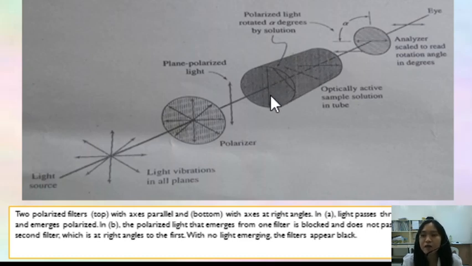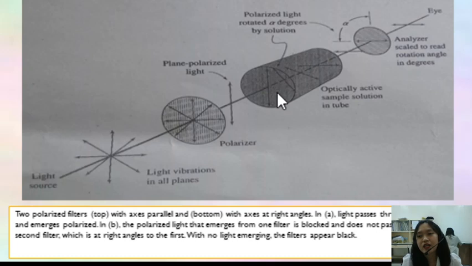Nag-rotate siya from vertical into horizontal. Why? Because the substance or the solution you've placed in the sample tube is an optically active substance or solution. Kuha?